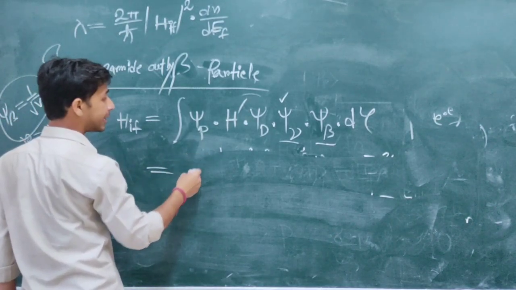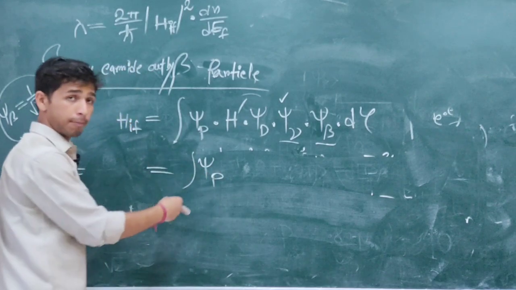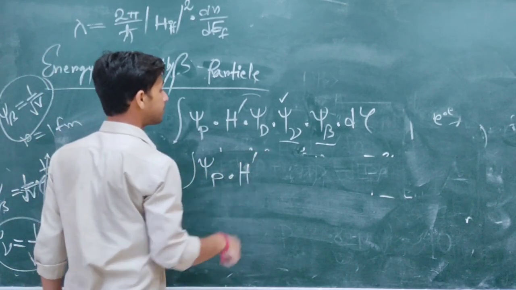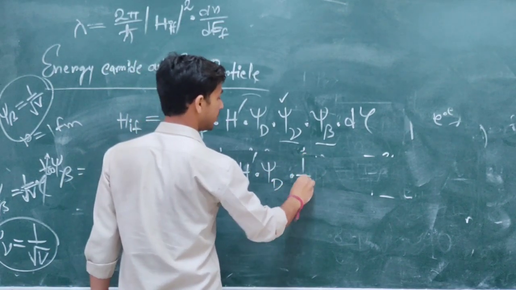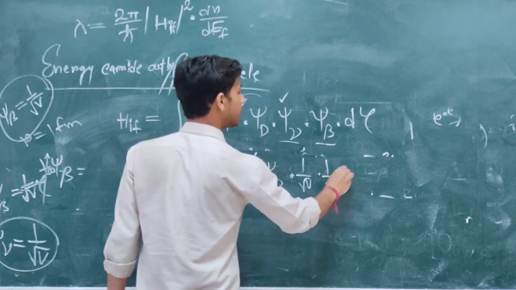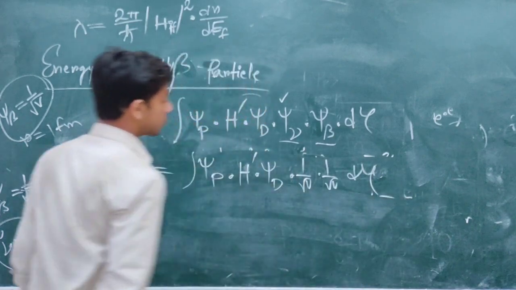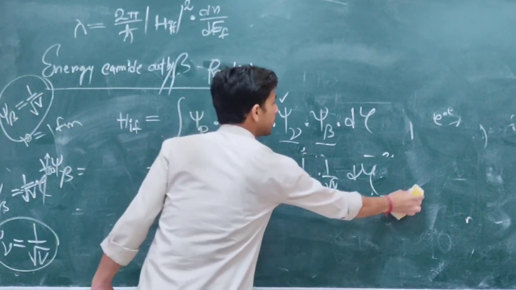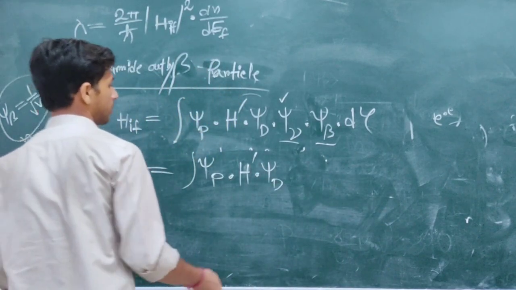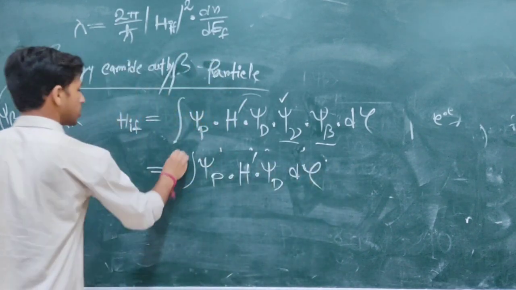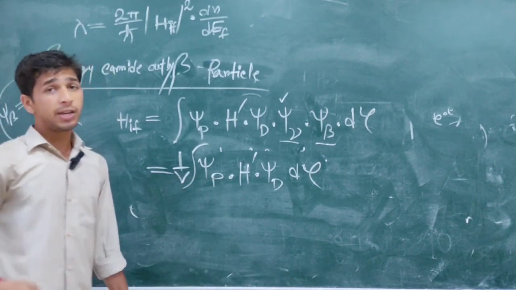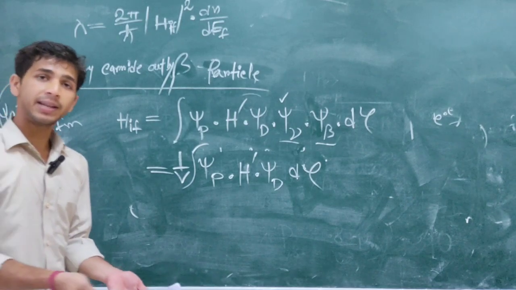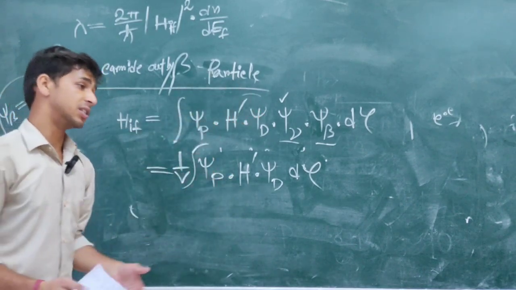So we have to put here integral of psi of parent times H prime times psi of daughter, into 1 divided by root V and 1 divided by root V d tau. So this root V will come outside of this integration, 1 divided by V, and we will get some information about psi_p and psi_d if we know the wave functions of the parent and daughter nuclei.